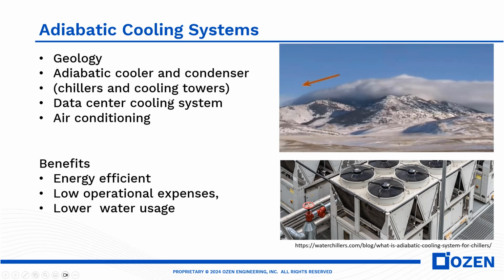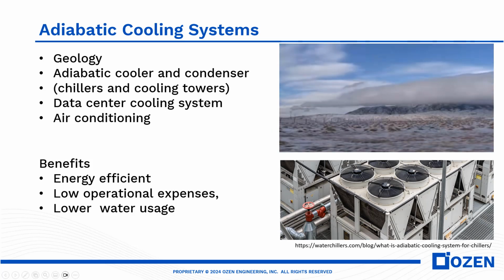This method can be used in data centers, in HVAC and air conditioning for buildings, and also for cooling and condensation through the adiabatic cooling system that we have. We have many benefits regarding this method. The good thing is that it is very energy efficient. As I said, we don't need any additional work or energy for the system.